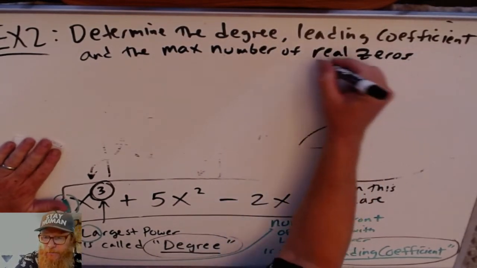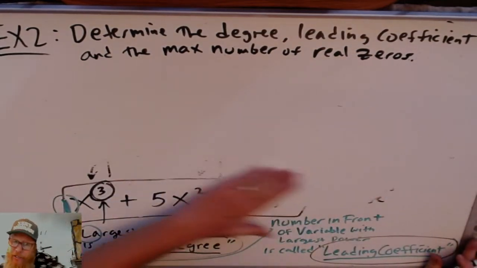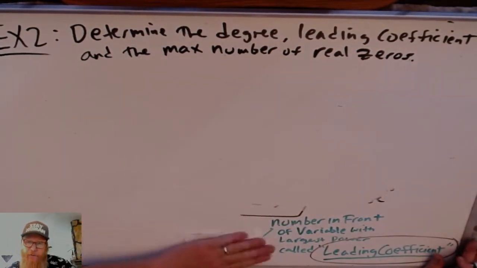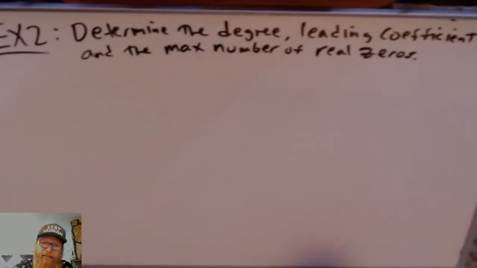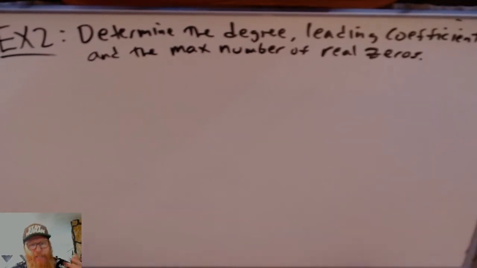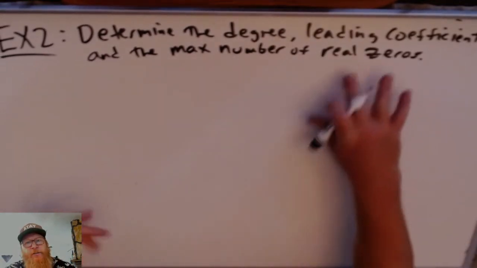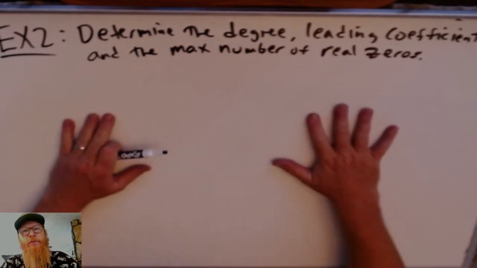We only emphasize the word real because there are imaginary zeros. We learned about those in chapter 2. We won't be graphing imaginary zeros, so since we are only concerned with the graphs, we're only concerned with the real zeros.